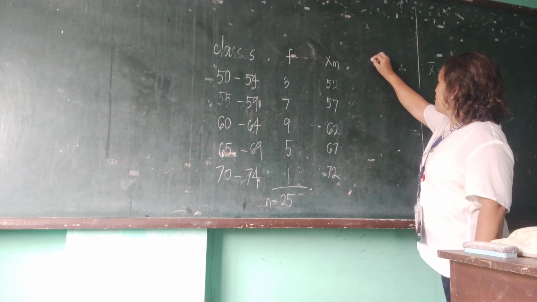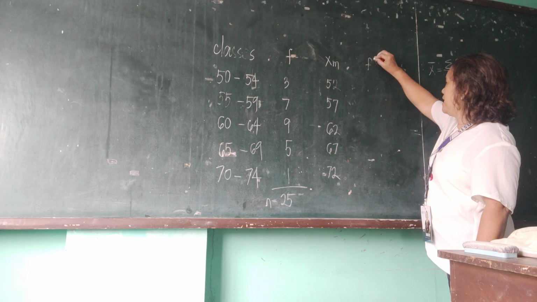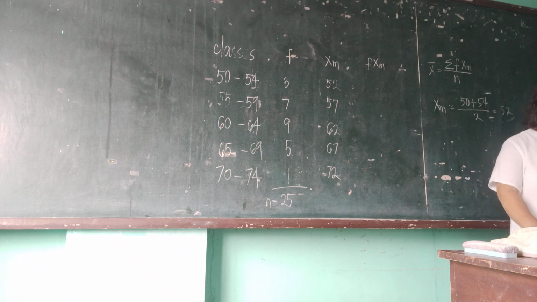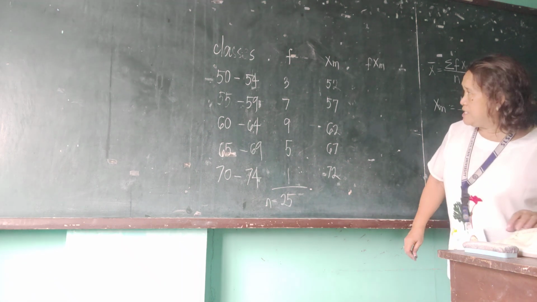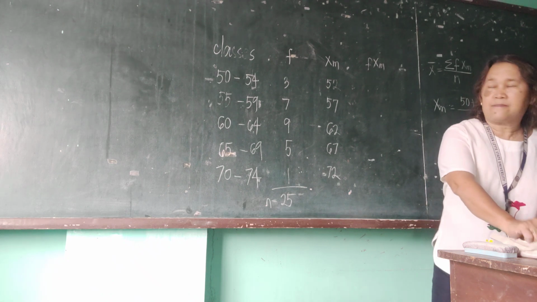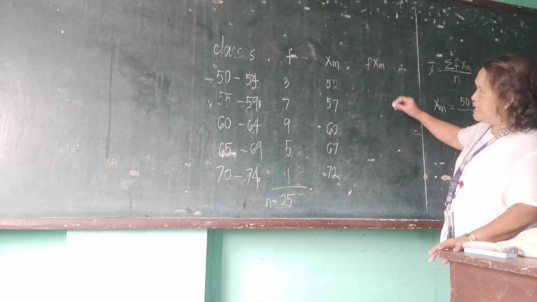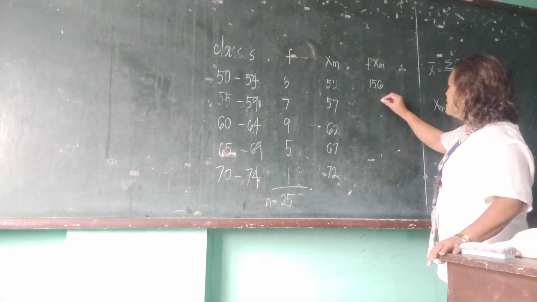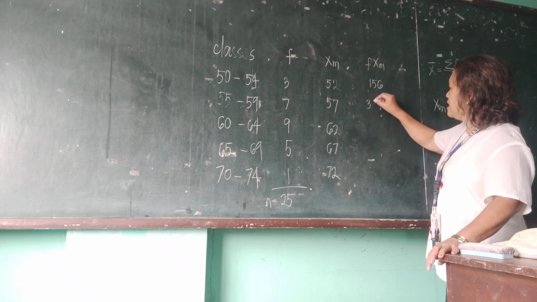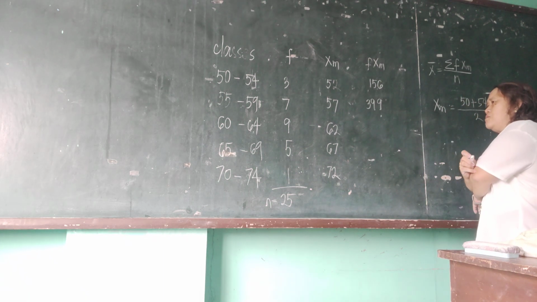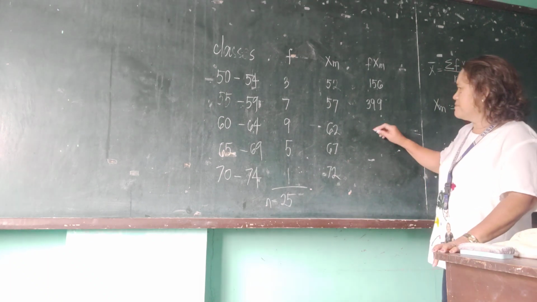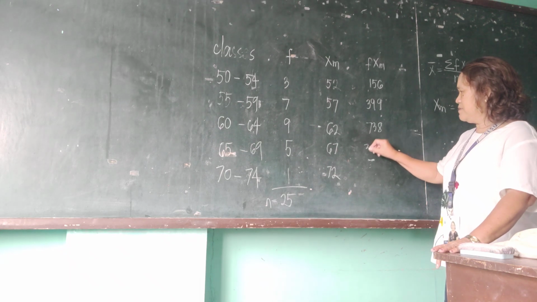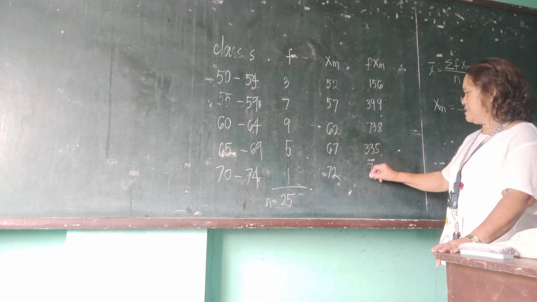Next we get the frequency multiplied by our x sub n, the frequency multiplied by the midpoint. So what is 3 times 52? 156. 6 by 57, 7 times 49, 39. Kindly check. And then we have 738, 533, and then 70.